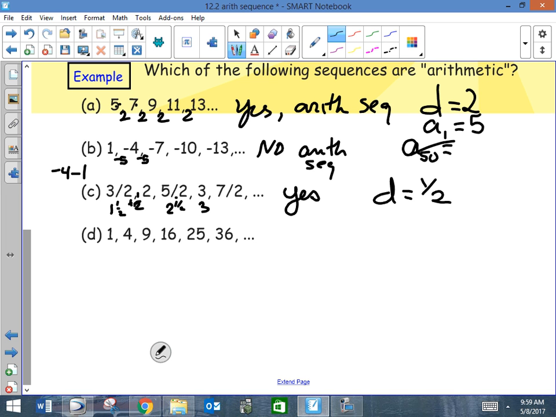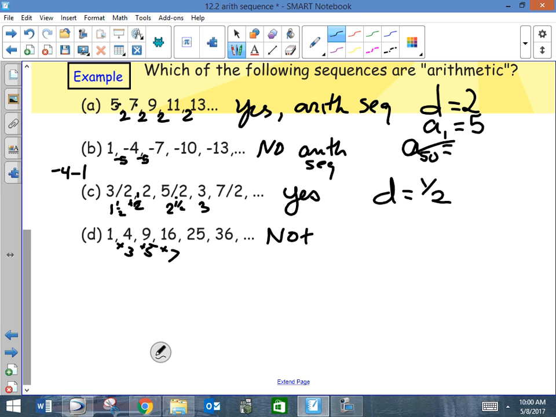Okay. What about D? I think we've seen this one before. Is it an arithmetic? No, because we add, oh, sorry, we add 3, and then we add 5, and we add 7. There's definitely a pattern here even with the addition, but it is not an arithmetic sequence because we're not adding the same number every single term.